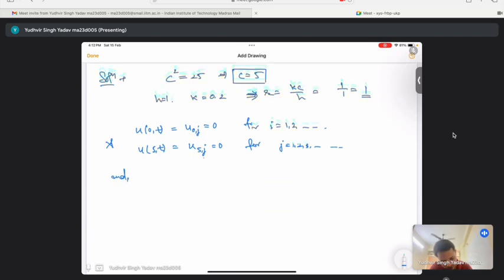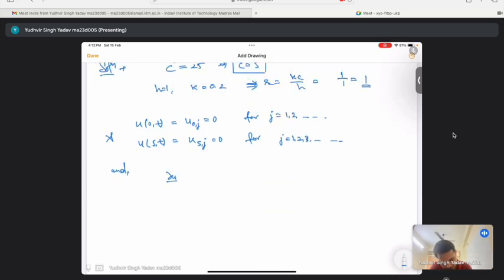And the initial condition data, we will have del u by del t at (x, 0) is (u_i,j+1 minus u_i,j-1) divided by 2k at (x_i, 0).